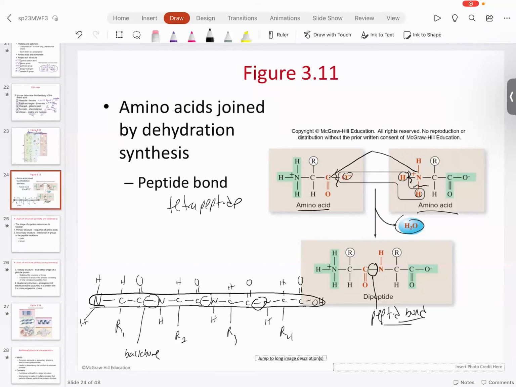So when you circle that backbone, what you see is this chain, and sticking out from it are all these different little groups. Some of these groups are the double bonded oxygens. Some of them are the hydrogens associated with the nitrogens. And then, of course, some further yet are going to be these R groups. So this becomes really important to understanding our structure.